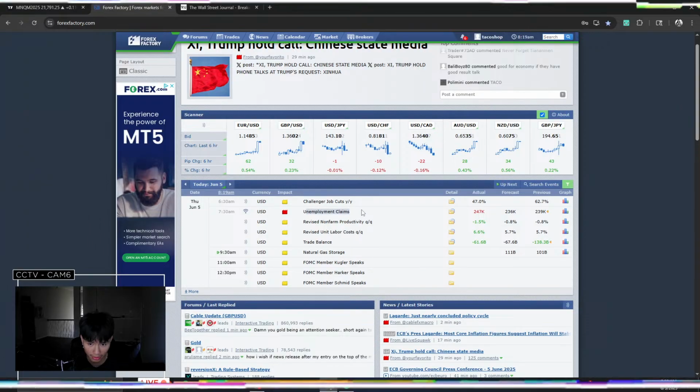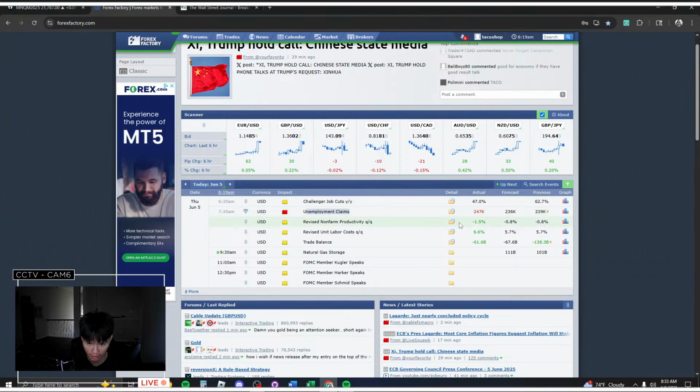curious about is the unemployment claims, which came out higher than estimated. What was forecasted was 236,000 unemployed. The actual number is 246,000.